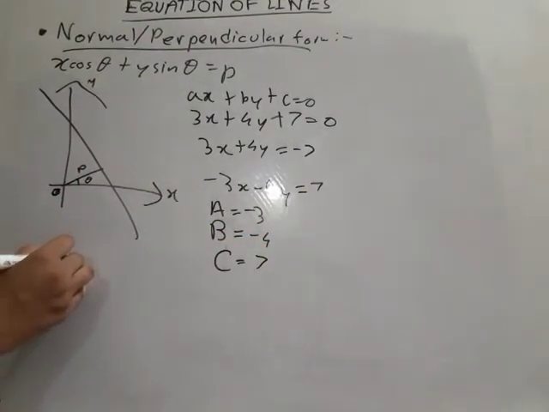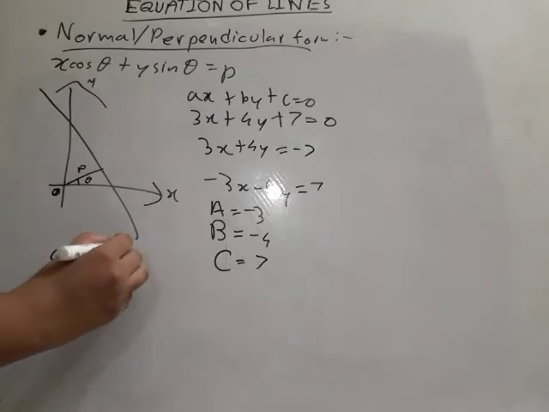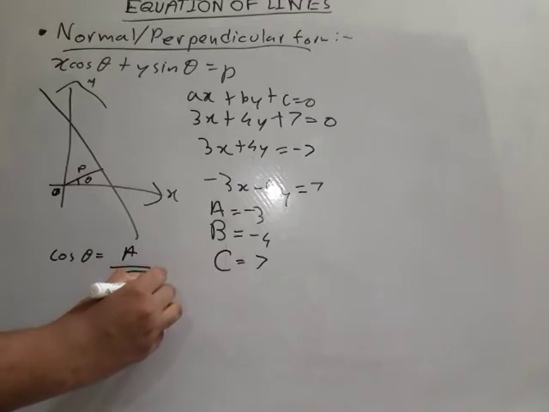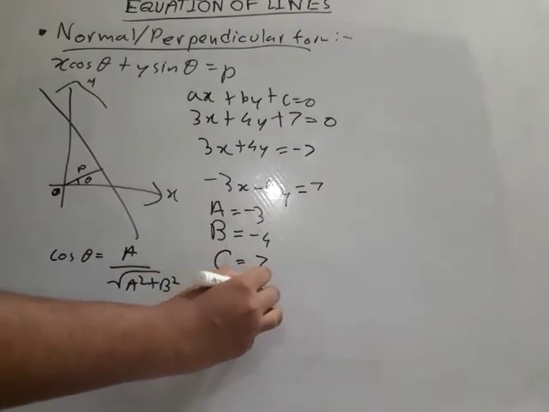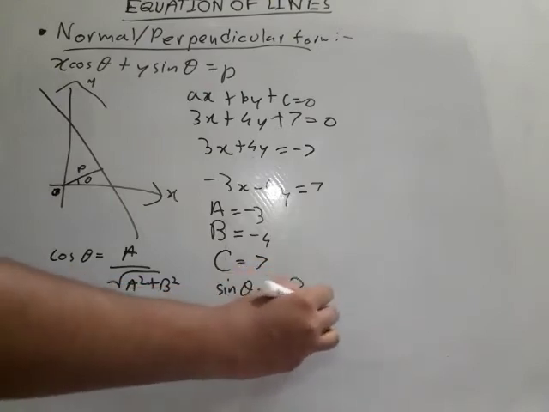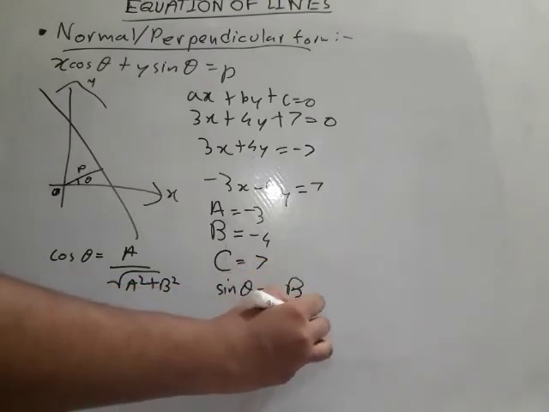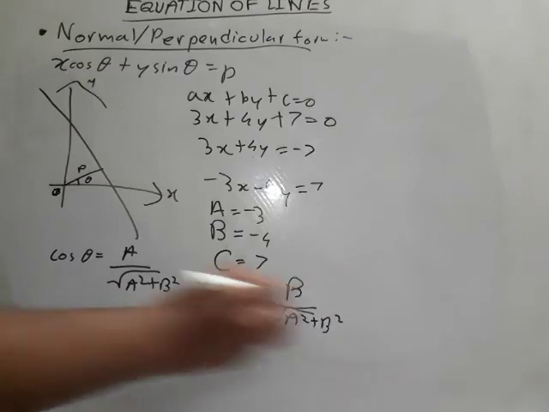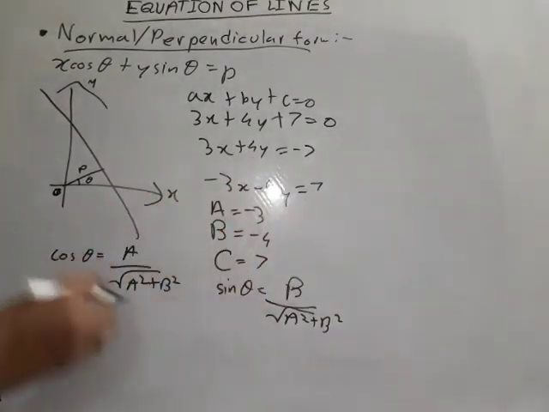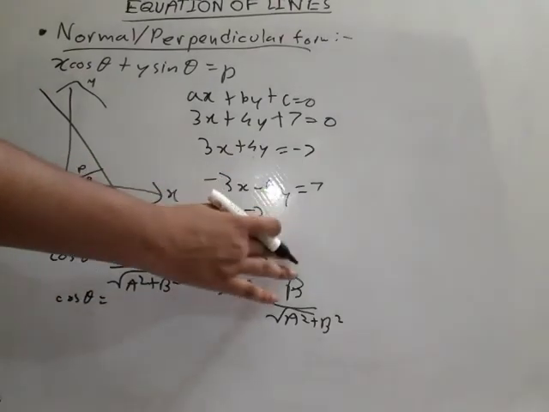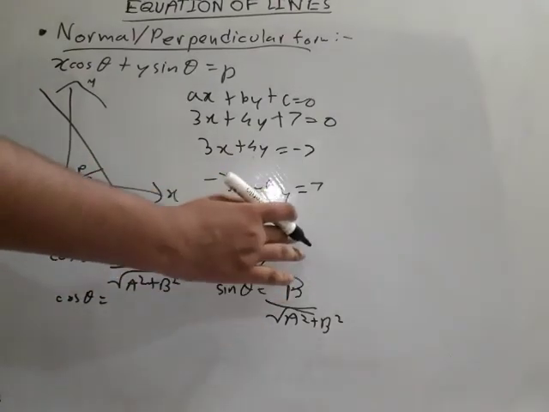Cos theta comes out to be a by root under a square plus b square, and sin theta equals b by root under a square plus b square. First of all, calculate this. Root under a square plus b square comes out to be 5.